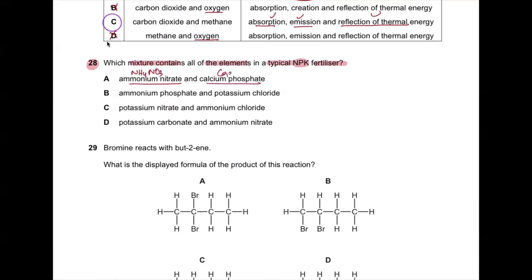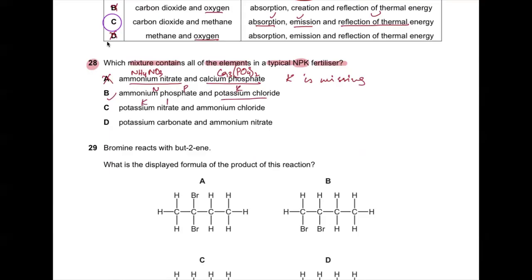Calcium phosphate has phosphorus, but K is missing, there is no potassium. So A goes wrong. Ammonium phosphate: ammonium has nitrogen, phosphate has P. Potassium chloride has K. So all three are there, so B is the correct answer.